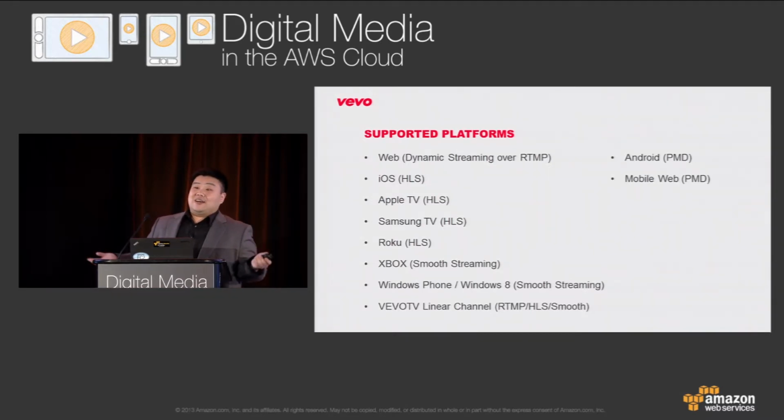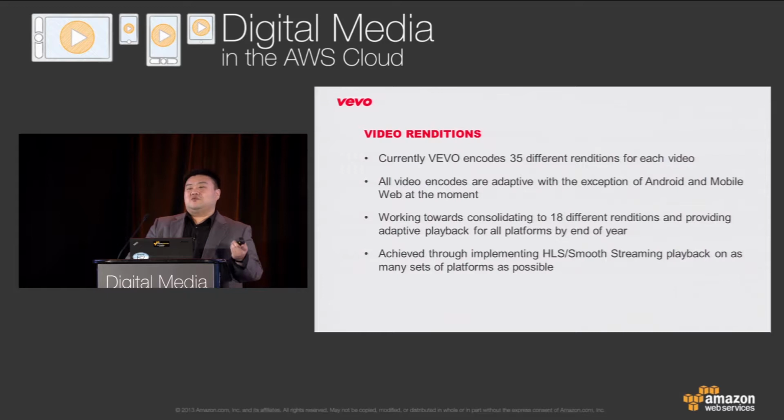So as you can see, it's a lot of different platforms, and each one of those 75,000 assets is actually encoded 35 different times to cover all these different platforms. And that's why you can see that it becomes a big operational overhead to be able to serve that content out on all these different platforms.